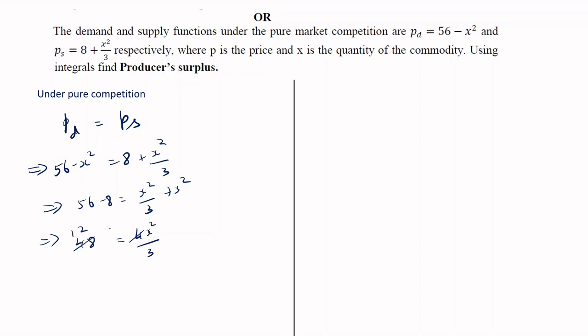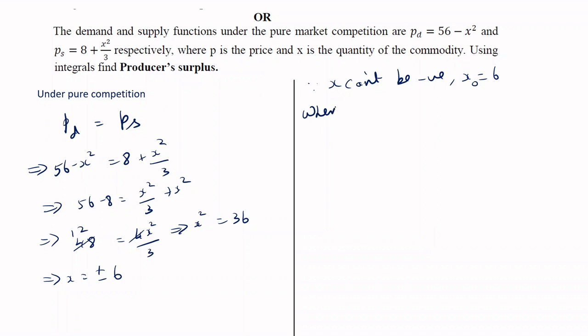Now this when we simplify, we get x square as equal to 36. So this means x is equal to plus or minus 6. Now we know that x cannot be negative. Since x can't be negative, x is equal to 6 units. So x naught is 6.